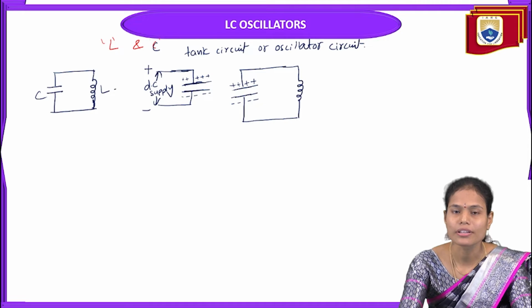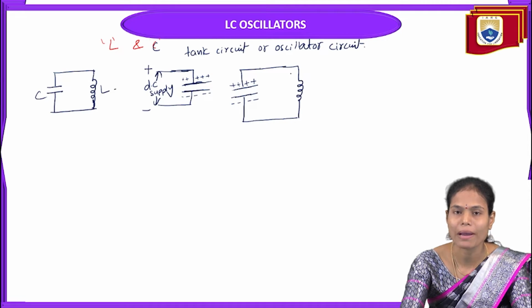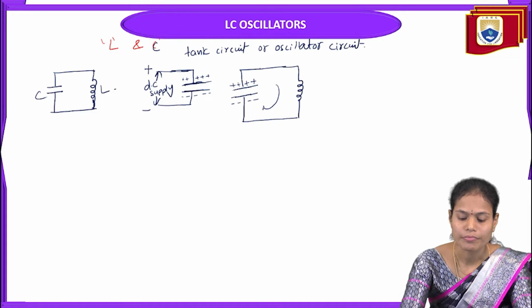Once we connect this fully charged capacitor in parallel with this inductor L, the capacitor starts discharging through this inductor. In this direction the current will flow in the circuit, and the capacitor will start discharging through this inductor.